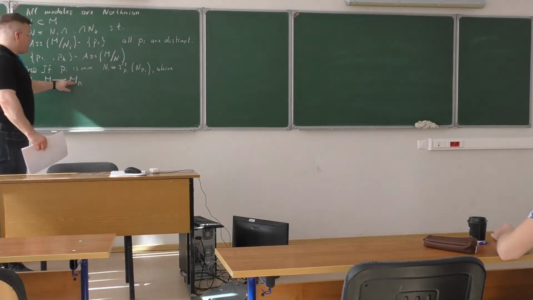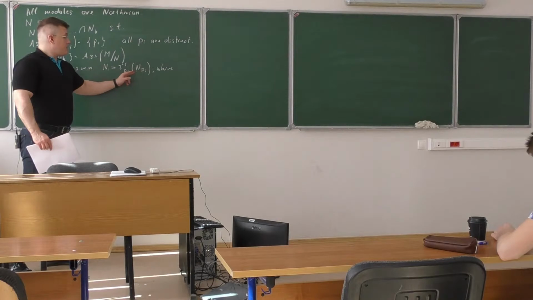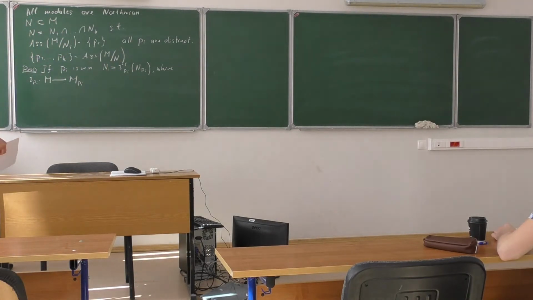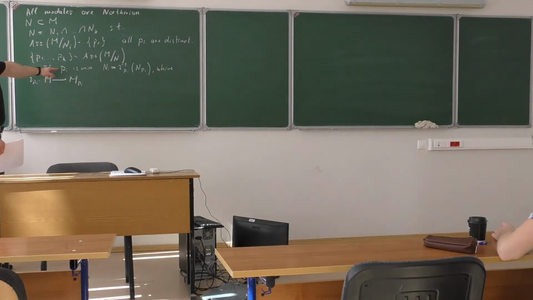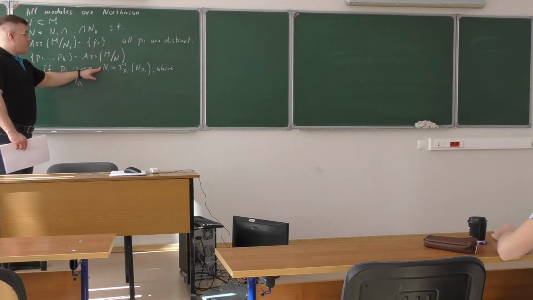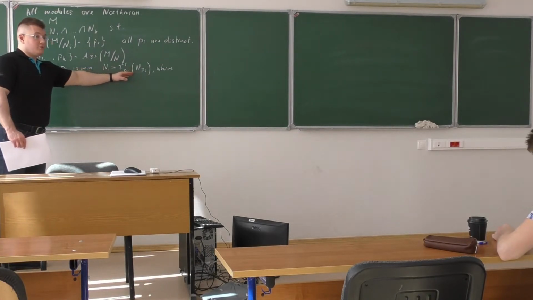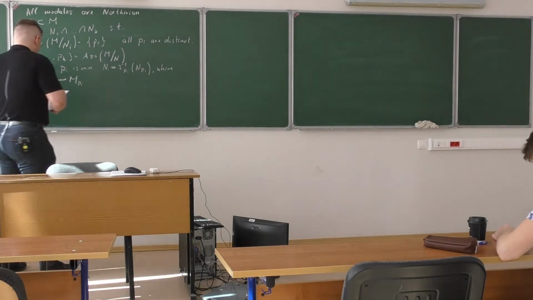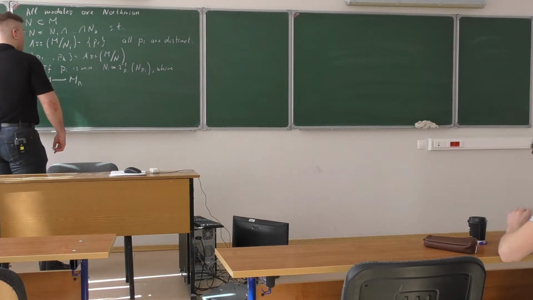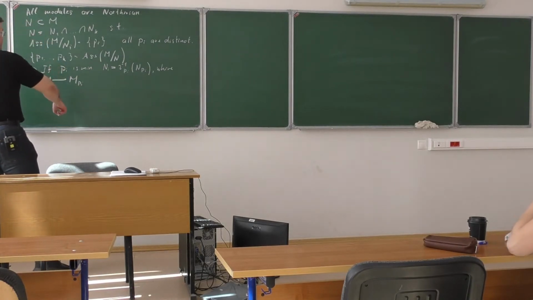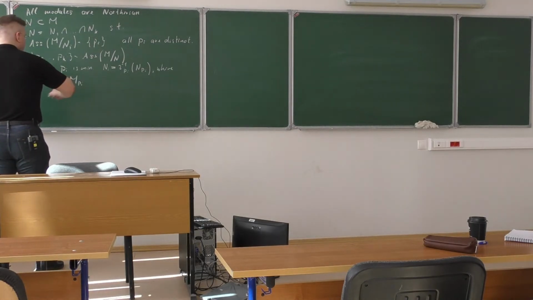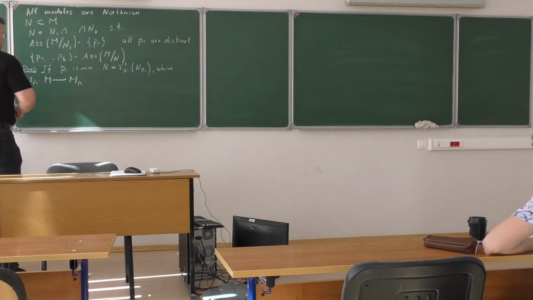And then inside M localized at Pi we have the submodule N localized at Pi, and we need to take the preimage. So in other words, for the isolated primes, the primary components are exactly the saturations of the corresponding modules: the saturation of the submodule N with respect to the prime ideal Pi, or the corresponding multiplicative subset, which is the complement to this prime ideal.